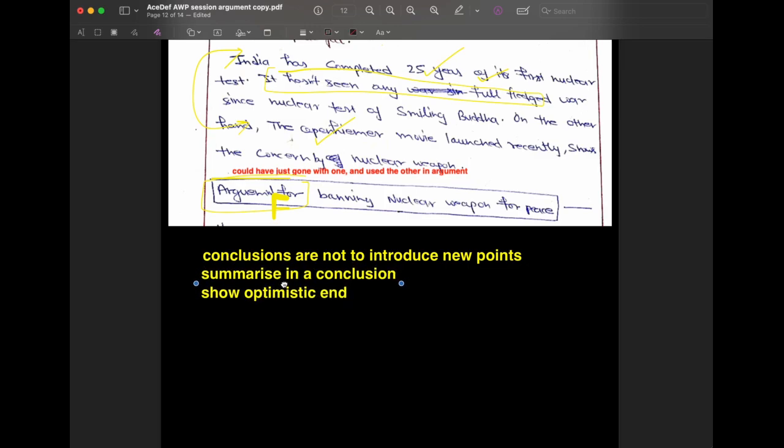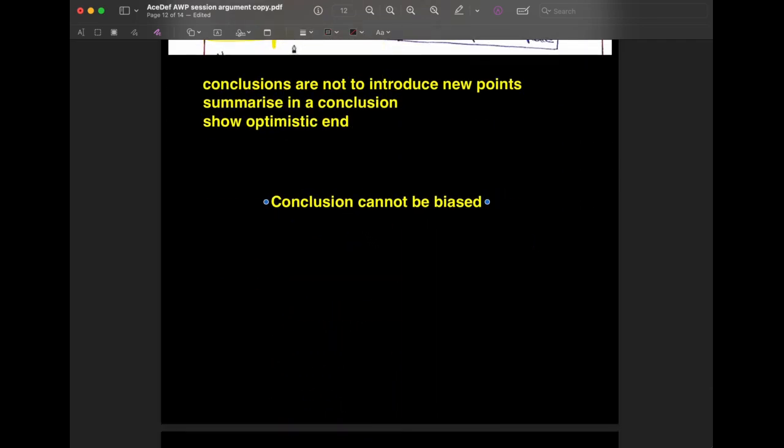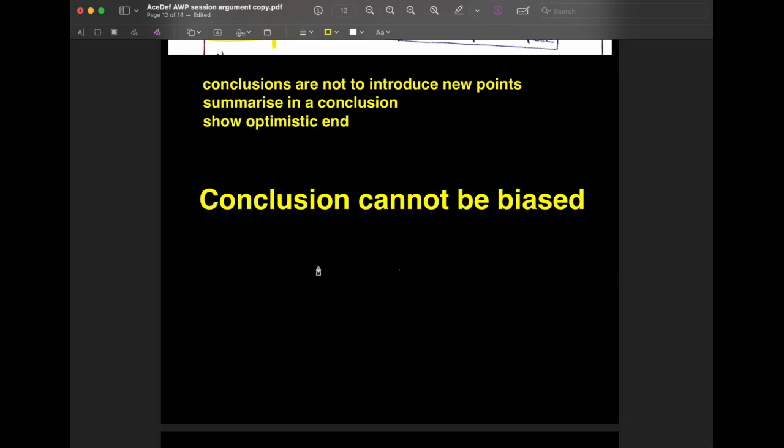And always, irrespective of what the topic is, what side you take, you have to show an optimistic end, and the conclusion cannot be biased. This is one more thing which you all have to mug up, that the conclusion cannot be biased. The conclusion which you write, I know the arguments are on for and against.